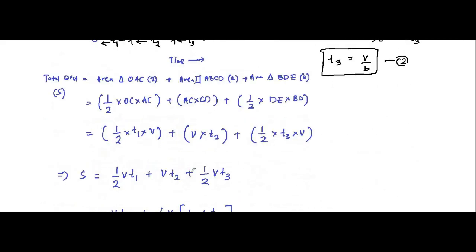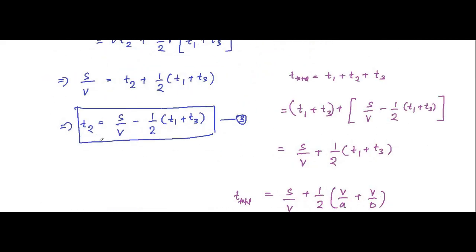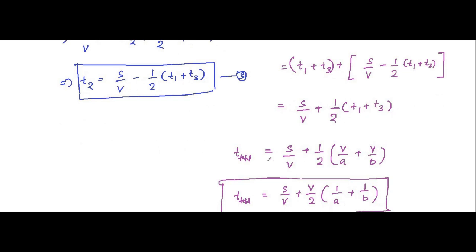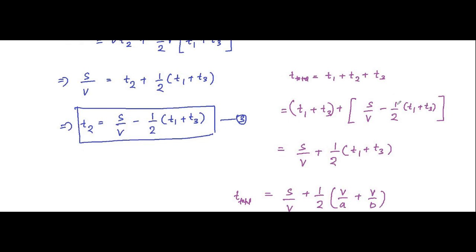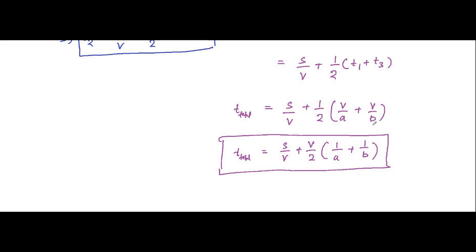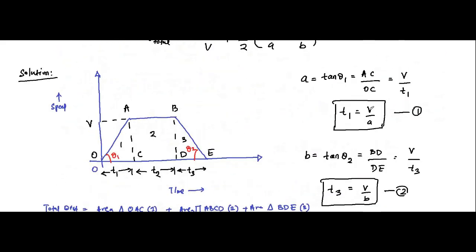So we have to express the total time in terms of T1 and T3. That's why I substituted T2 with parameters involving T1, T3, S and V, and why we can use expressions 1 and 2, V by A and V by B, in place of T1 and T3.